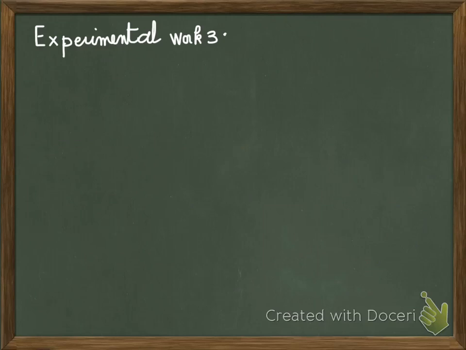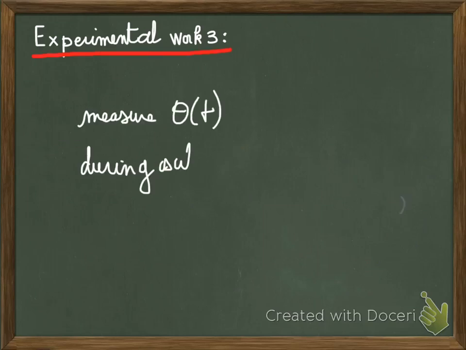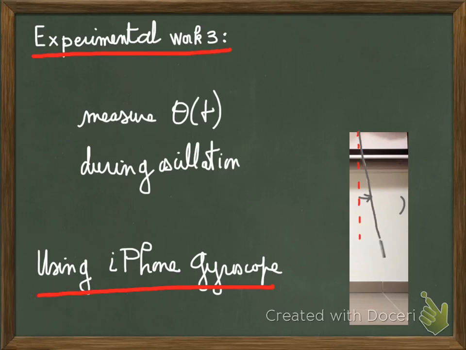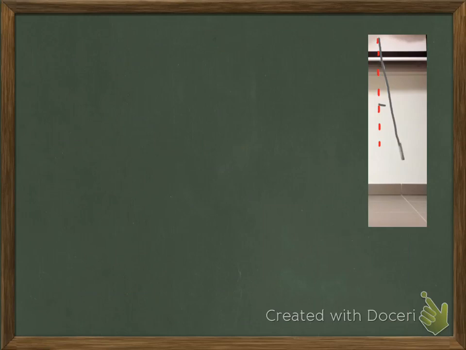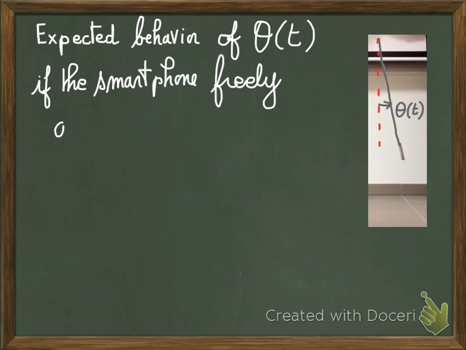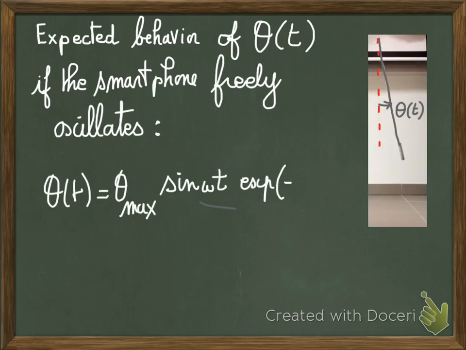Now we can turn to the analysis of the measured data, and we start with the angle of oscillation during oscillation. For that, we're using the data coming from the iPhone gyroscope. First of all, we have a look at the expected behavior of theta if the smartphone is freely oscillating.